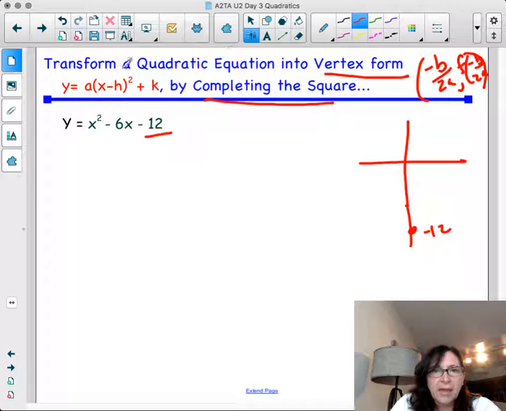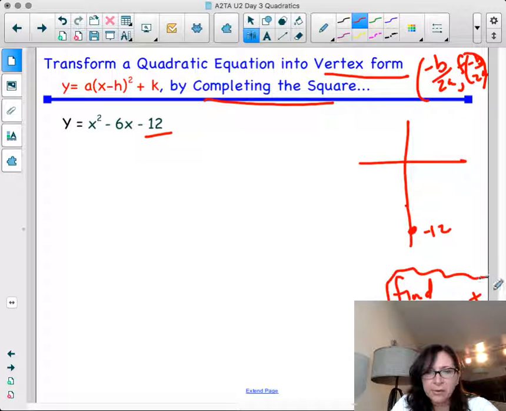So that means that I keep the y, meaning if I want to find the x-intercepts, I'm going to set y equal to 0, okay? But I'm not asking you to find the y-intercepts or the x-intercepts. So therefore, I'm not going to set y equal to 0. Y stays. So completing the square, first step, we're going to isolate the x's. So we're going to get y plus 12 is equal to x squared minus 6x.